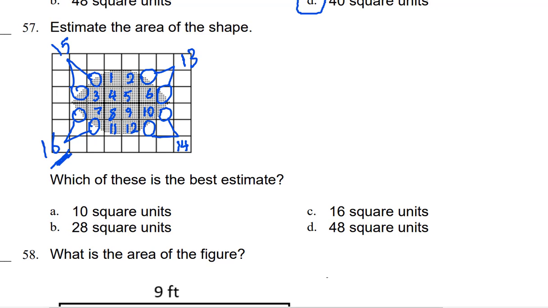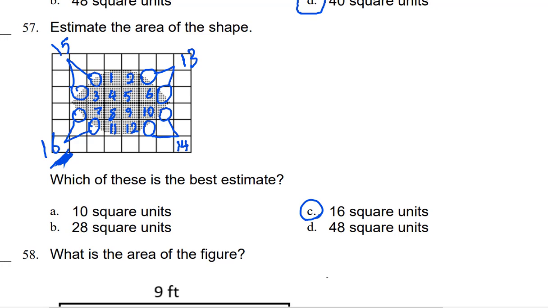I need a number near 16. I can see 16 itself. So we can choose this one because I have 16. If I don't have 16, I will choose a number near to 16, 15 or 17. But here I see 16, so I will choose it.